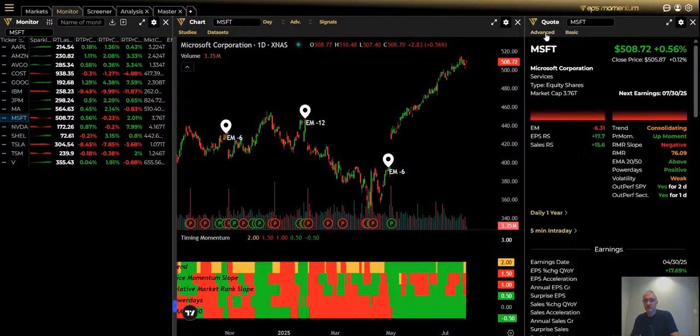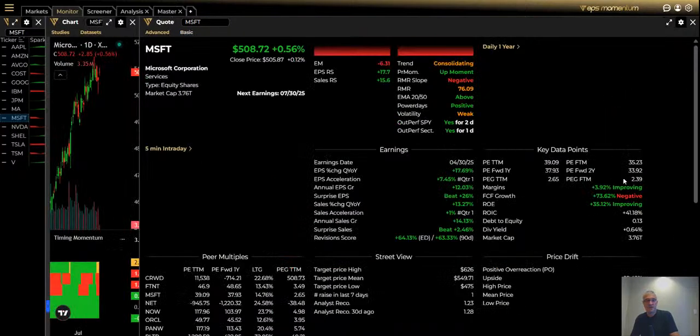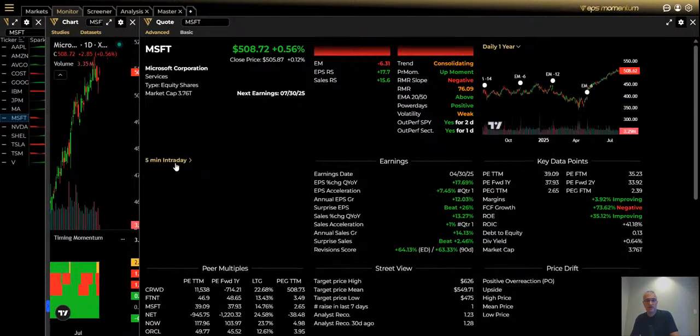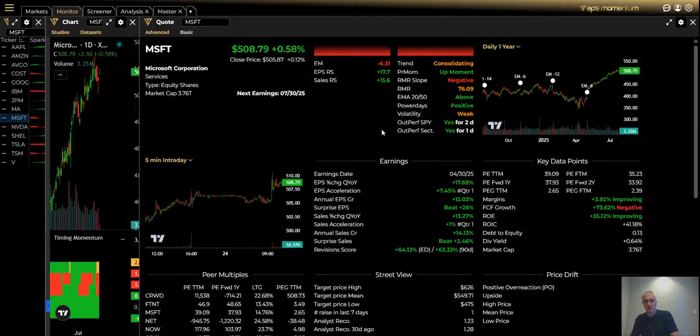So if we go to an advanced quote, you have more information. You have all the momentum and time momentum pieces, so the RMR slope, the power days, the volatility, and then you have the very key earnings information. The year-on-year quarterly change of earnings is 17%, the acceleration is 7%, the EPS growth is 12%, and it beat by 26% on earnings per share.